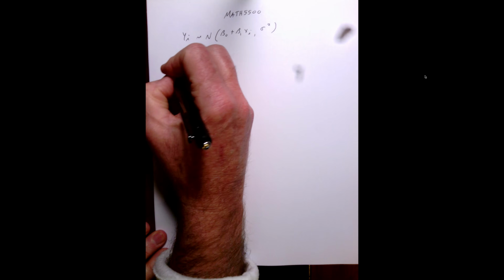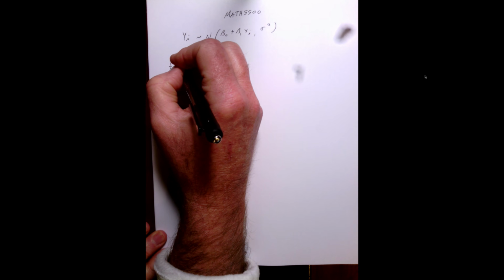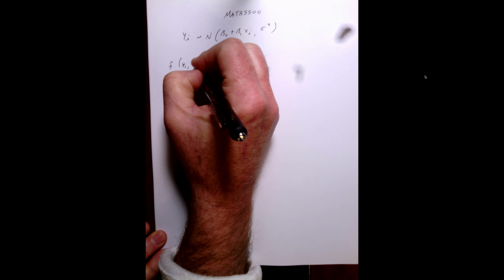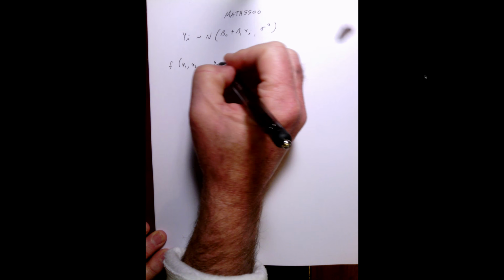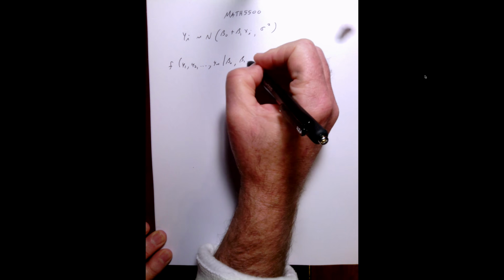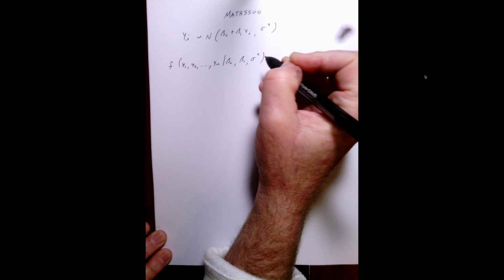So we're going to have the probability density function, f, of our data given our three parameter values.